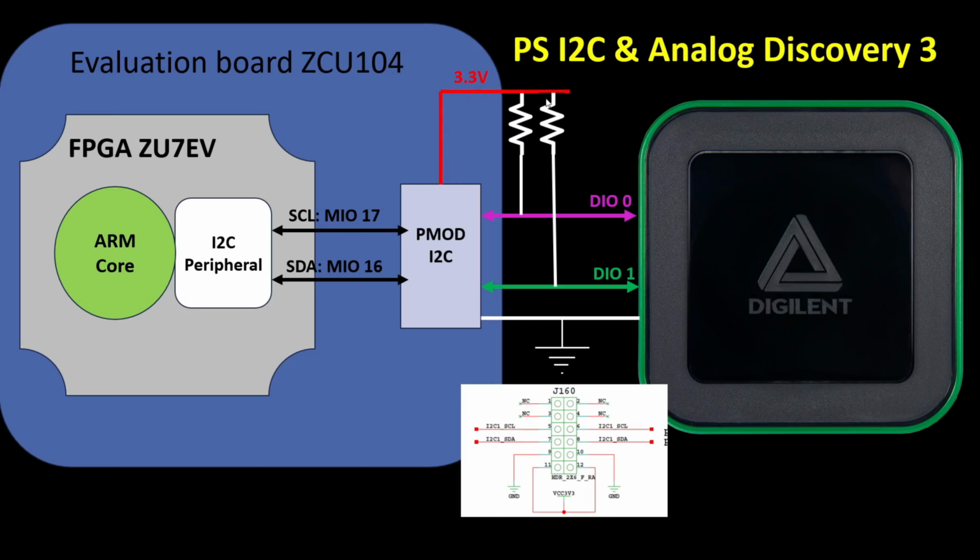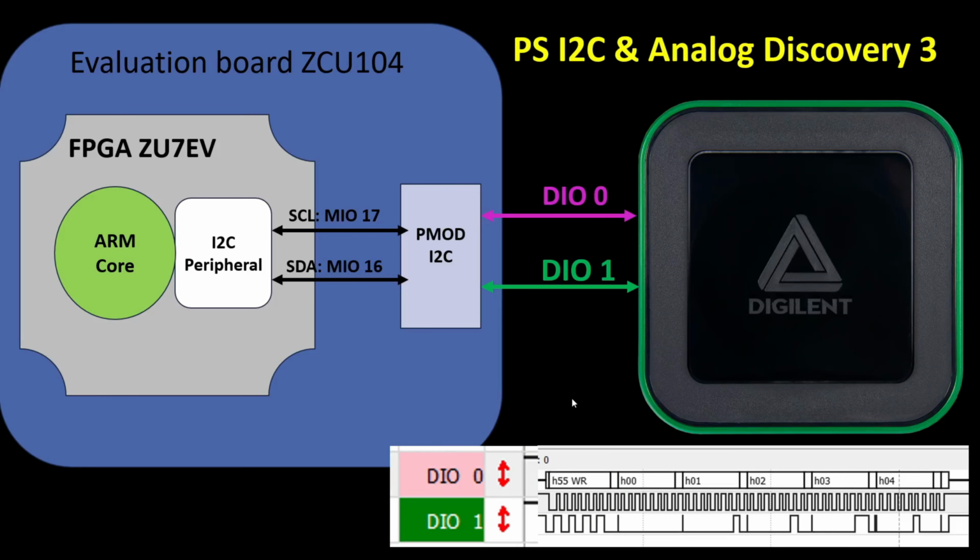So that's what I did here between the Analog Discovery and my evaluation board. I connect the SCL to DIO 0 of the Analog Discovery, and I connect the SDA or serial data to DIO 1 of the Analog Discovery.